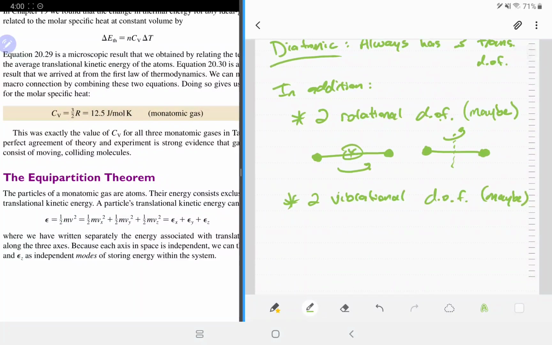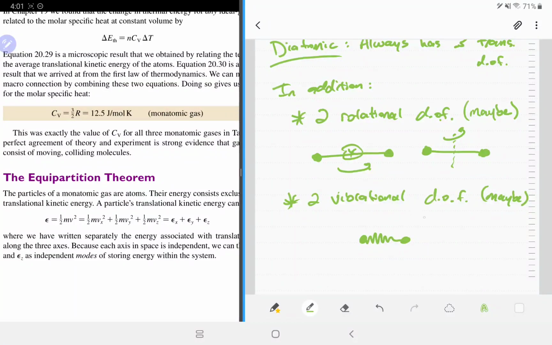remember in vibrational motion, in simple harmonic motion, half of the energy is kinetic, half of it's potential. So there are two different terms in the total energy, one associated with each of those: 1/2 kx squared and 1/2 mv squared. So if the molecule is vibrating, you have to imagine like a spring connecting the 2 atoms for oxygen.